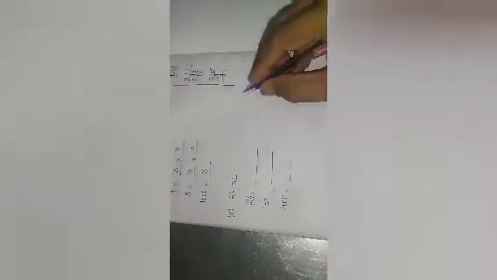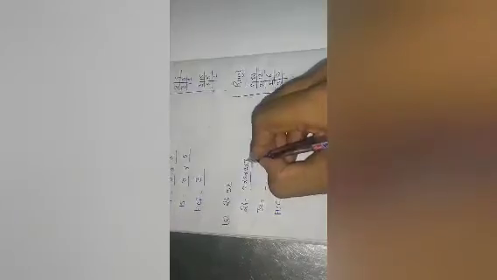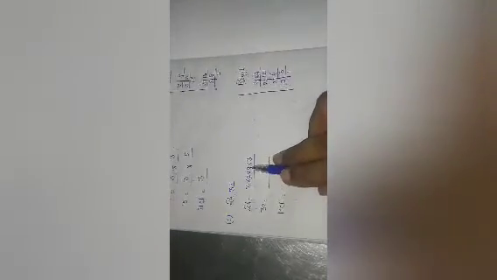So same method, you will draw the rough column, and then find the prime factors. 2 ones are 2, 2 twos are 4, then 12, 2 sixes are 12, then 2 threes are 6, then 3 ones are 3. It means you have found the prime factors 2 into 2 into 2 into 3. You can check it also: 2 twos are 4, 4 twos are 8, 8 threes are 24.